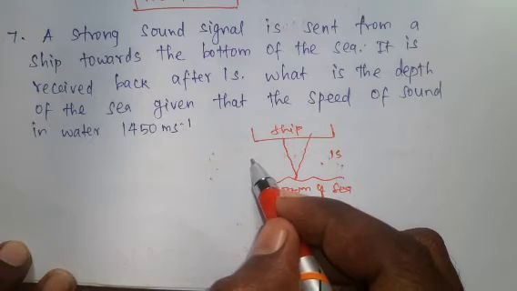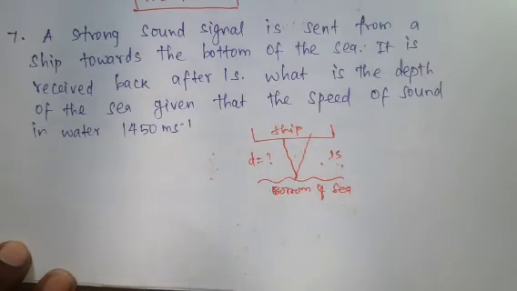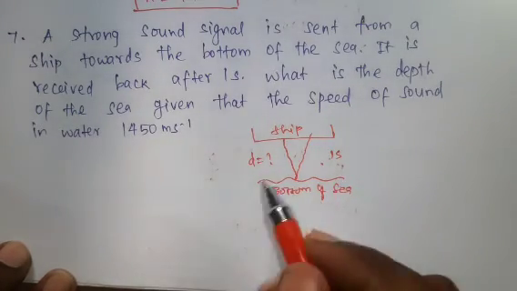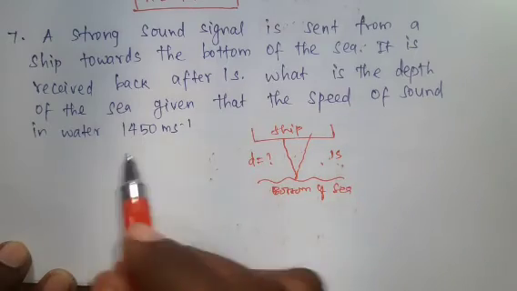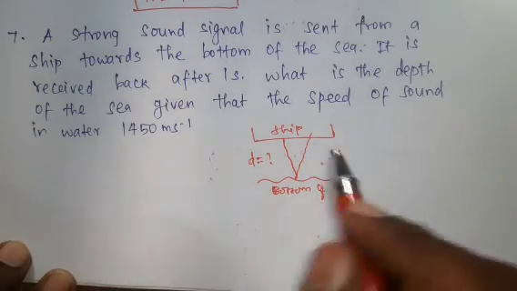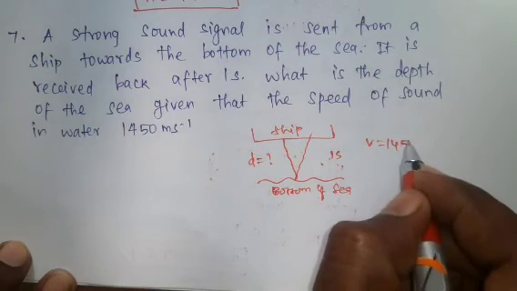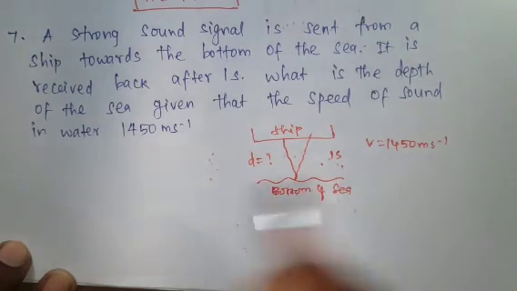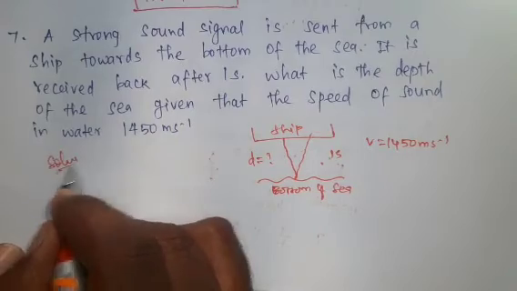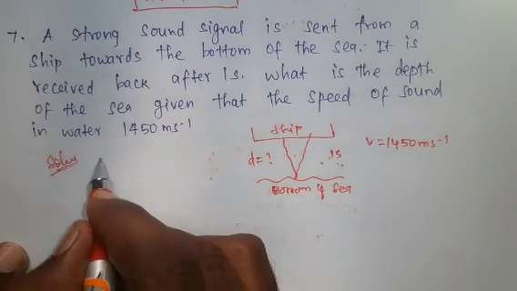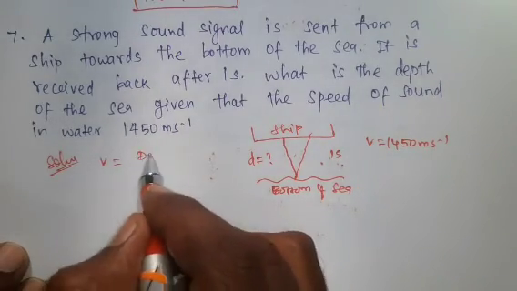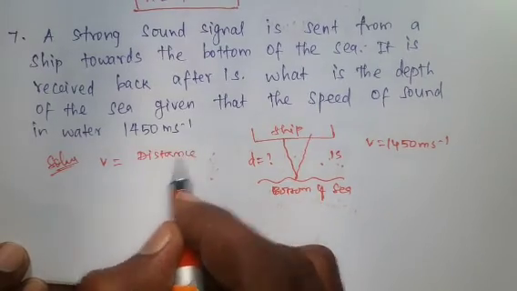So we have to find out the depth d. Given the velocity of sound in water, or speed of sound in water, v is equal to 1450 meter second power minus 1. Solution: we know that speed of sound v is equal to distance by time.